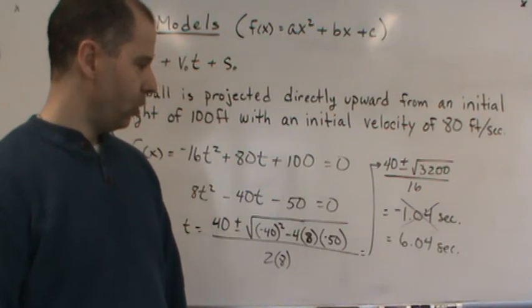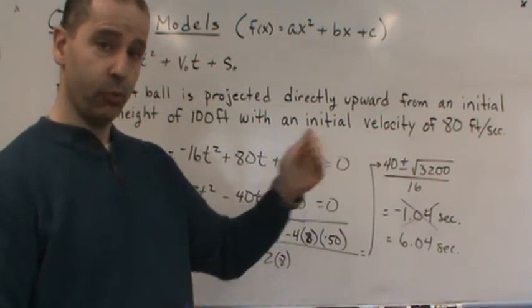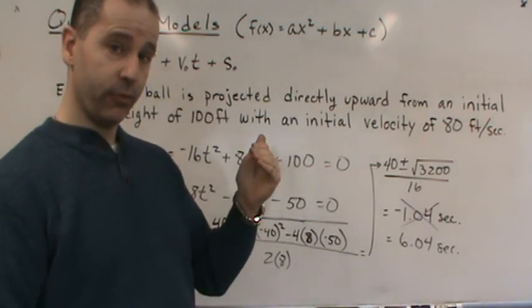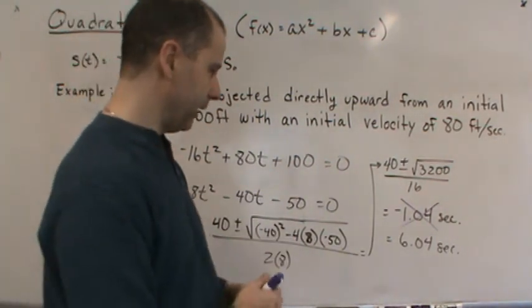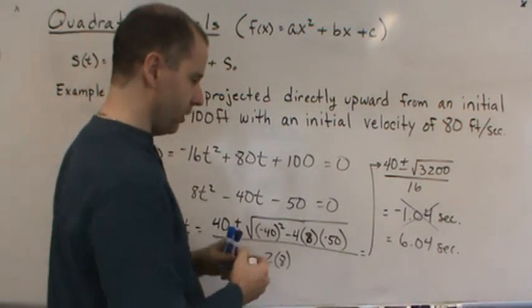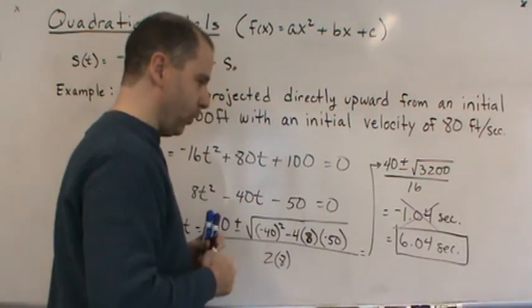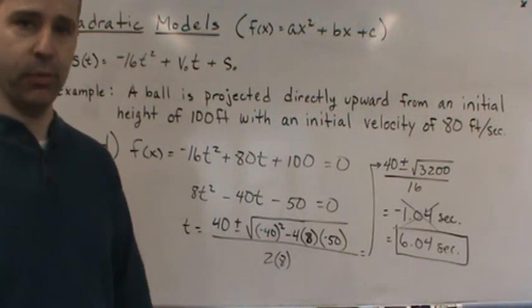So the only time it would hit the ground is after we threw the ball. But again, very simple, can't have negative time. So our answer is this one. So the ball hit the ground 6.04 seconds after it was thrown.